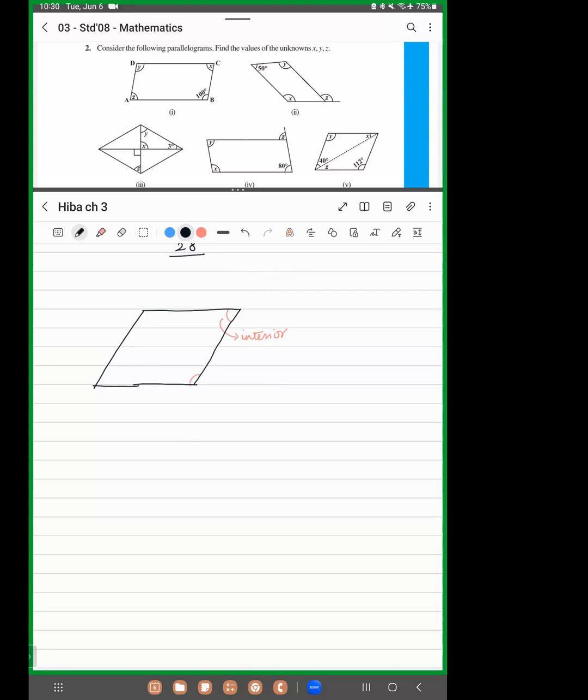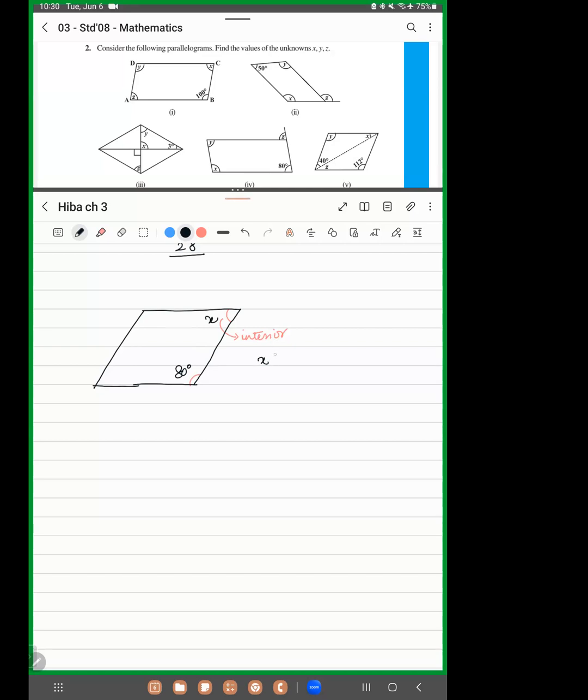आप याद करिए हमने क्या बात की थी कि interior angles on the same side of the transversal are supplementary, है ना? Yeah, but for example, the down angle is 80 degrees and the upper angle is x. So if we do interior angles on the same side, then x is equal to 80, right?